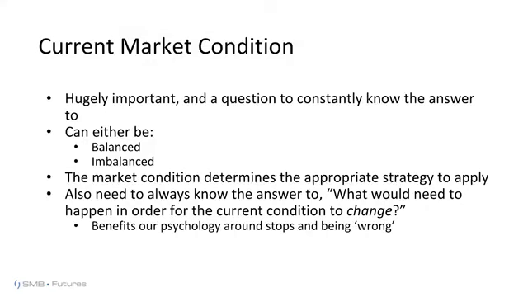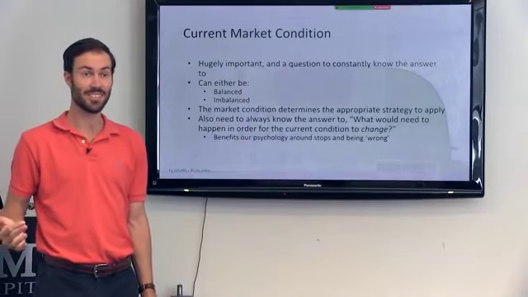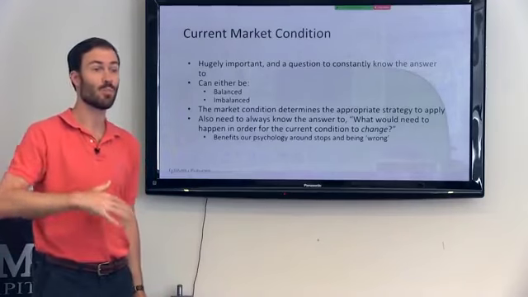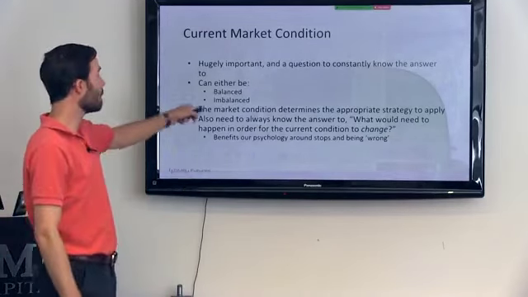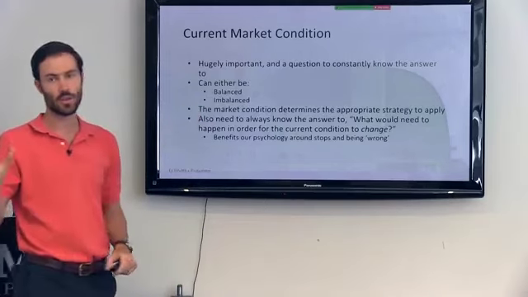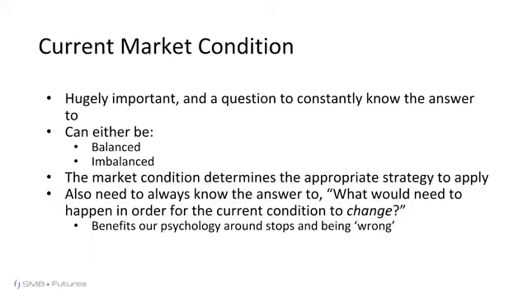Constantly want to know the answer to what is the current market condition, okay? And it's pretty simple. We can either be bouncing around inside a composite structure, or we can have broken away from a composite structure, in which case we would now be imbalanced. Are we balanced or are we imbalanced? Okay? The market condition determines the appropriate strategy to apply.